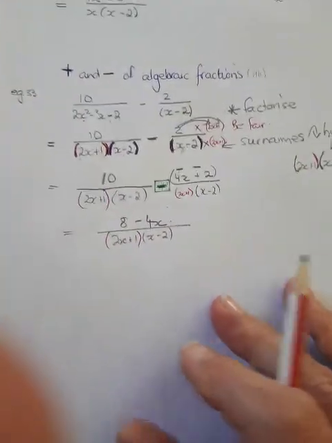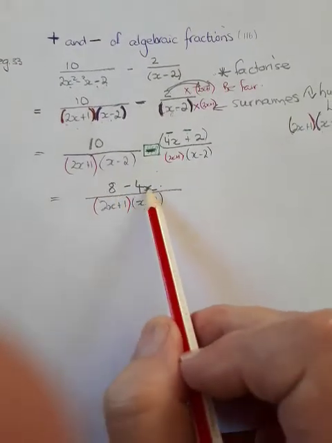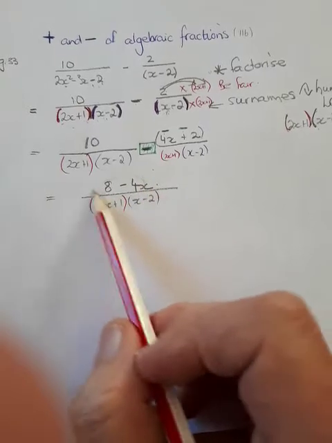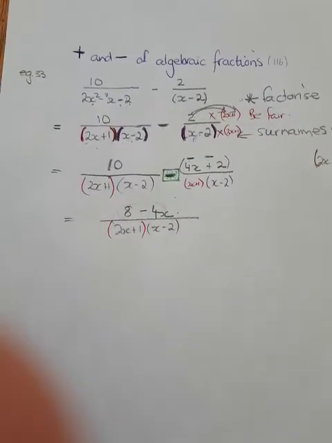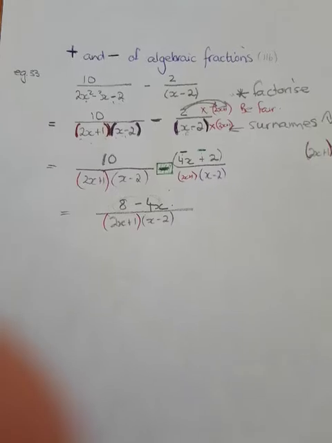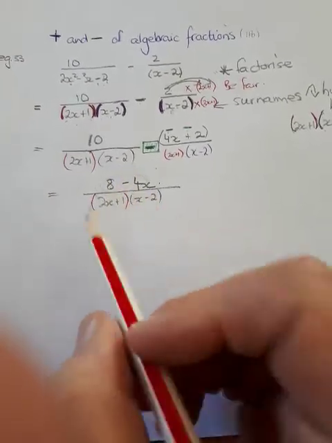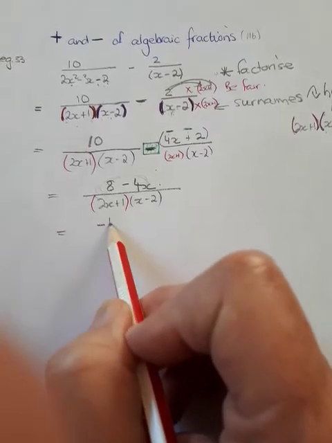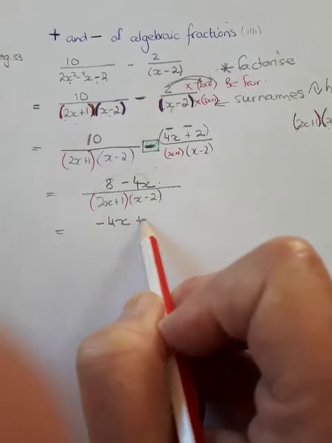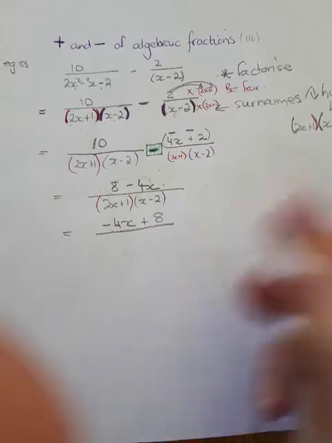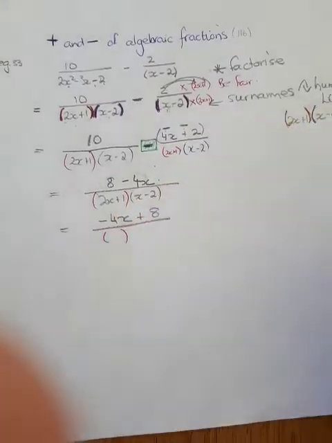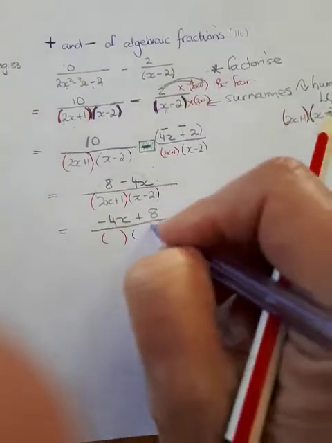Now be careful, people, because you should recognize here that we still got a highest common factor. So we can factorize our numerator. So I'm going to change that around: minus 4x plus 8 over my red bracket and my purple bracket.